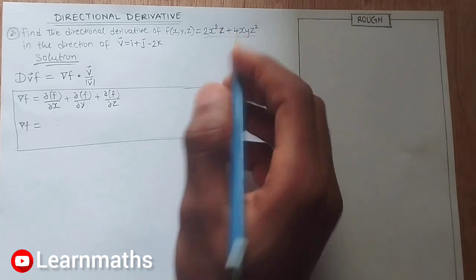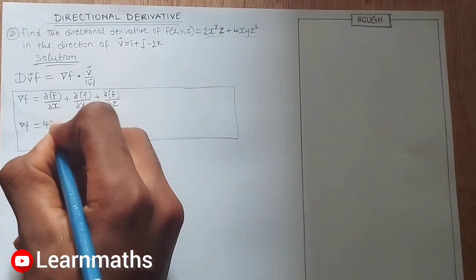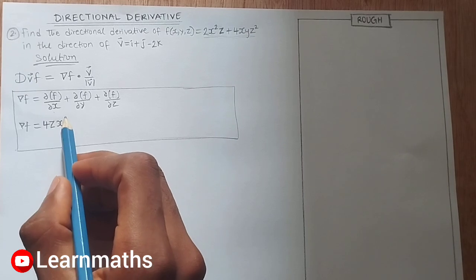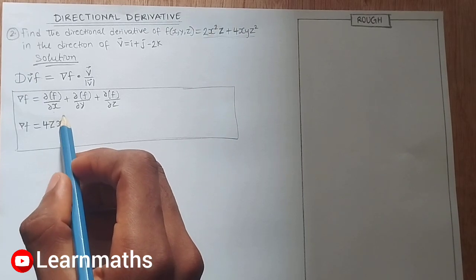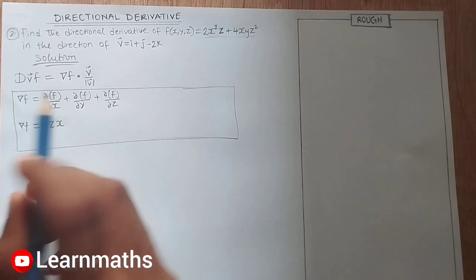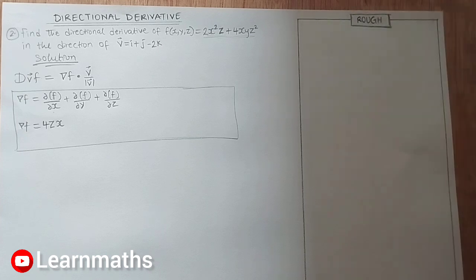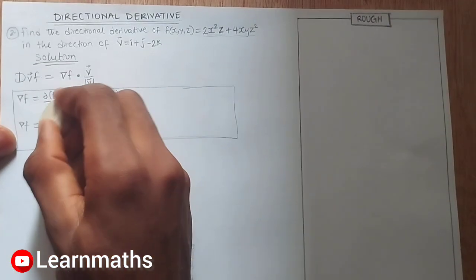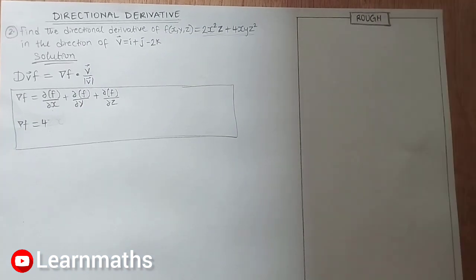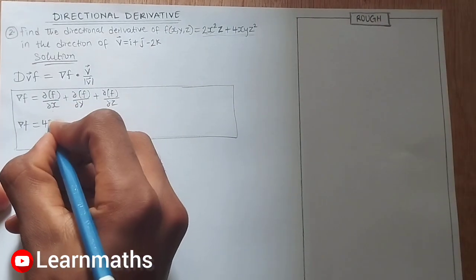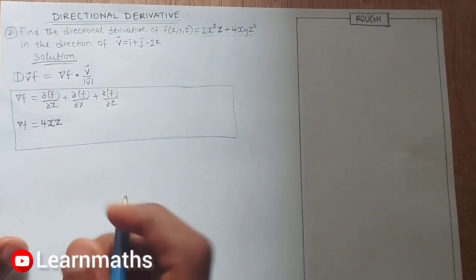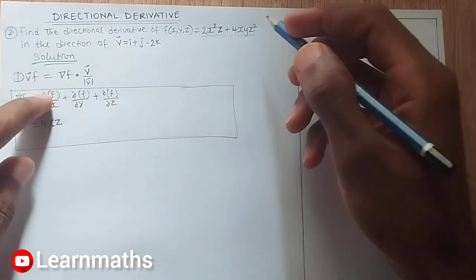So this is going to be 4zx. Now the power of x has reduced from 2 to 1. We used that 2 to multiply and it became 4. I'm just going to arrange this alphabetically as xz, since x comes before z. Now that's the partial differentiation of the term with respect to x.